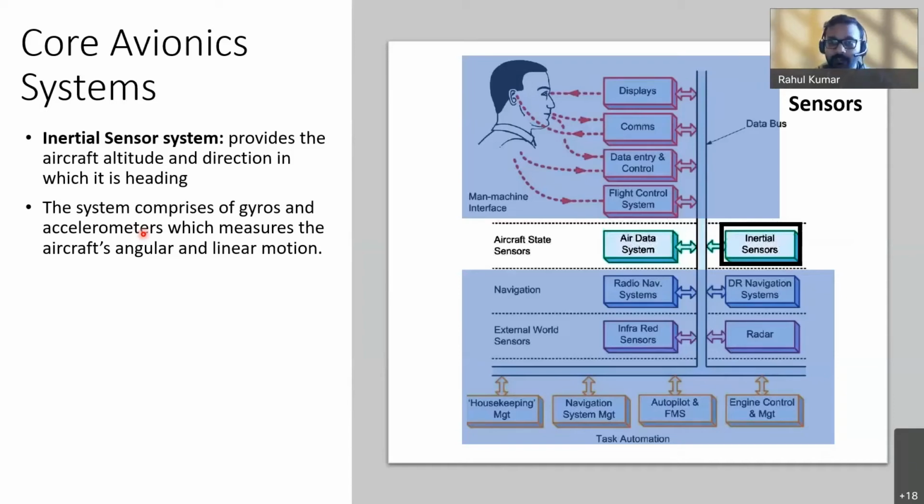Since it does not depend on any other system, it works independently, so it is quite useful in case your GPS system or your satellite navigation is not working. You can use the inertial navigation system.